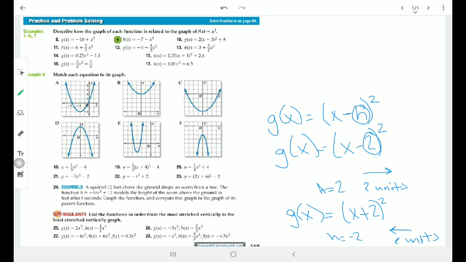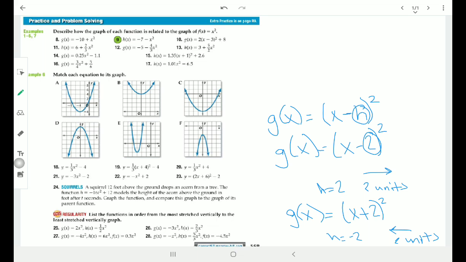Okay, so if I have this parenthesis and I'm adding a number, then it's going to move the parabola left. If I have this parenthesis and I'm subtracting a number, it's going to move the parabola to the right. Now we can throw in some other things here as well.